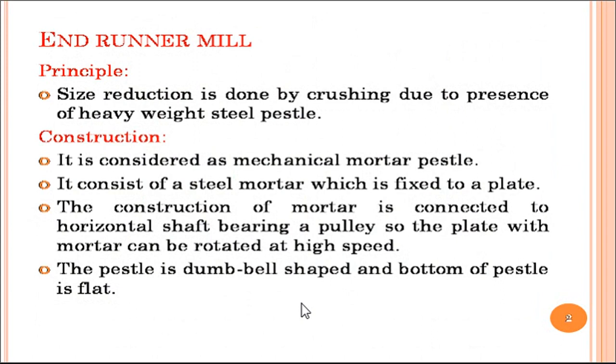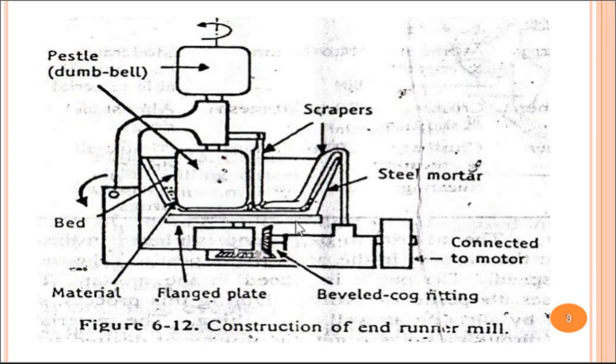So it's considered a mechanical motor piston. It consists of the steel motor which is fixed to a plate. The motor is connected to a horizontal shaft bearing a pulley, so the plate with the motor can be rotated at high speed, and the piston is dumbbell shaped and the bottom of the piston is flat. So ultimately we get all this material into the desired shape and size.